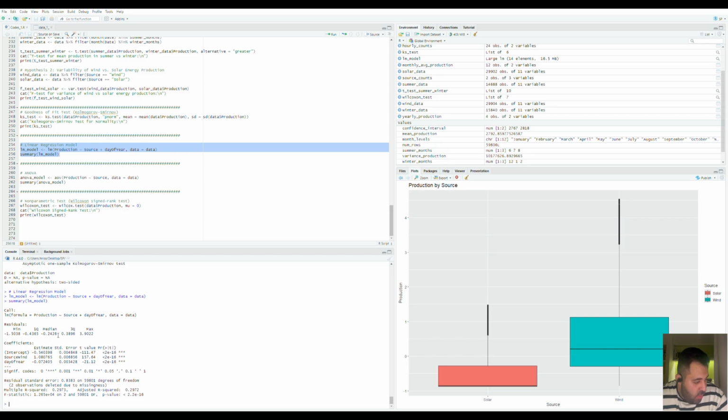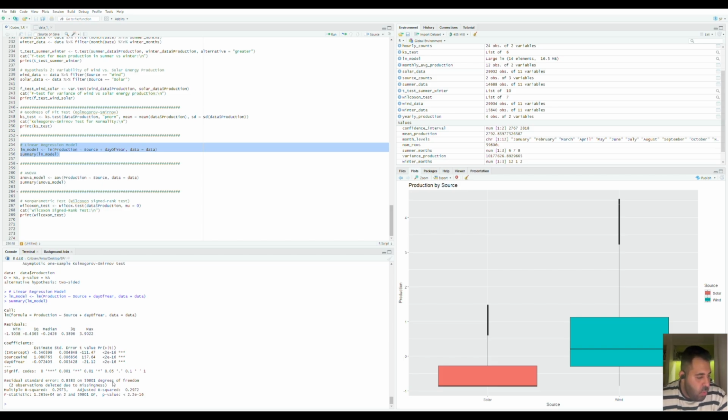Here, production as the dependent, source and the day of the year as the independent ones. Okay, so here we can see the residuals, the mean value, the first quartile, median, third quartile, maximum value.